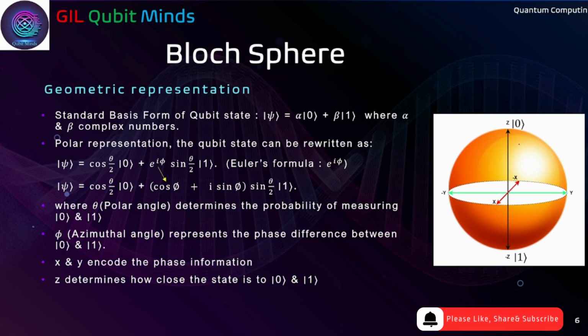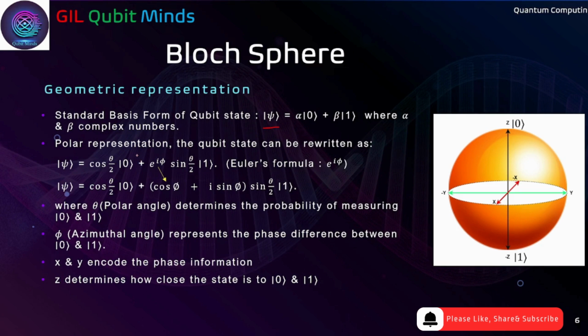It will help us to understand the state visually. Initially we write an arbitrary state psi as alpha 0 plus beta 1. Alpha squared is the probability of Ket 0 and beta squared is the probability of Ket 1, where alpha and beta are complex numbers.